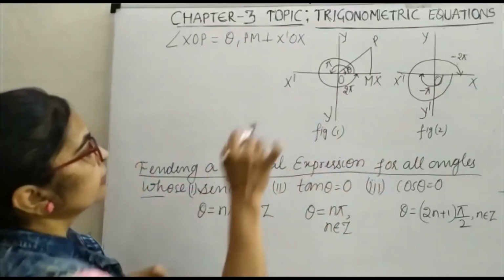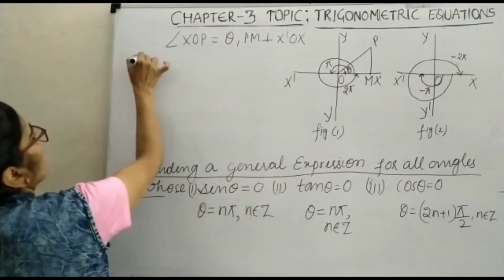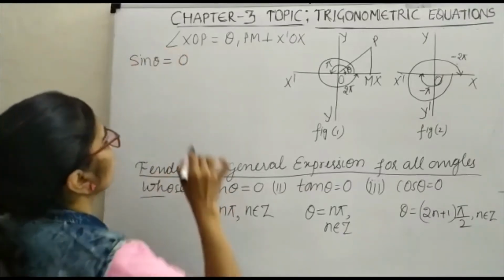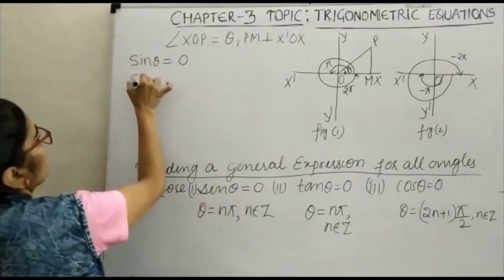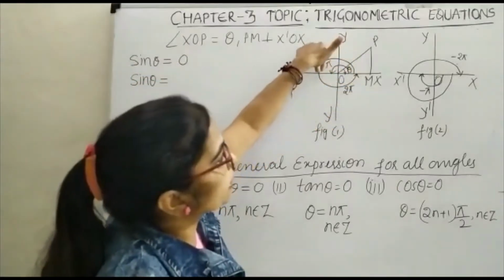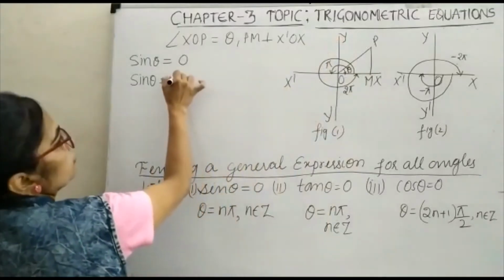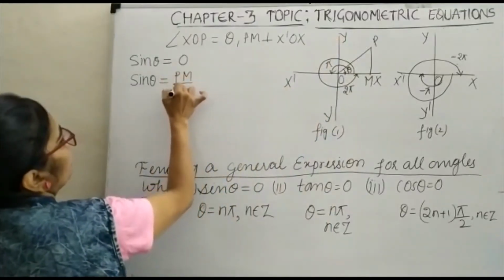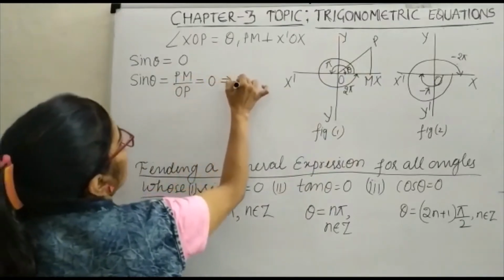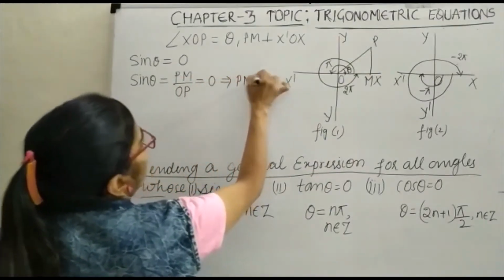Now just see here, sin theta is equal to 0. What does it imply? Sin theta from this triangle will be perpendicular upon hypotenuse, that is PM upon OP. If this is equal to 0, it implies PM is equal to 0.